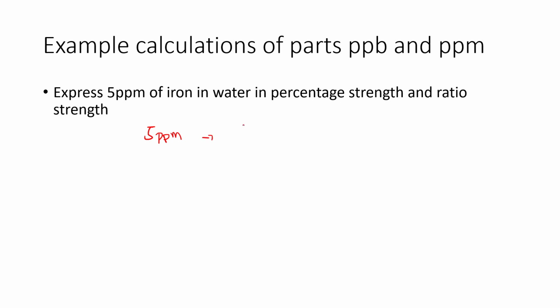So ito po, so there's 5 grams over 1 million ml. Okay. So para maging percentage strength, multiply lang natin by 100. 5 divided by 1 million times 100. You have a percentage strength of 5 times 10 to the negative 4 gram per ml.